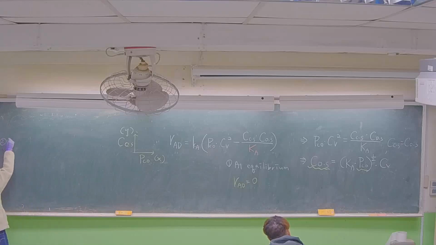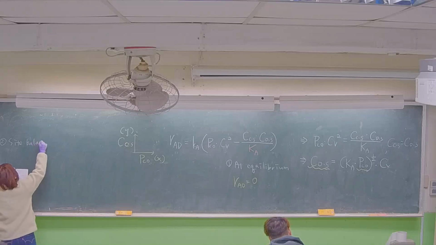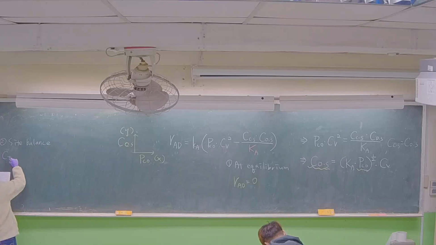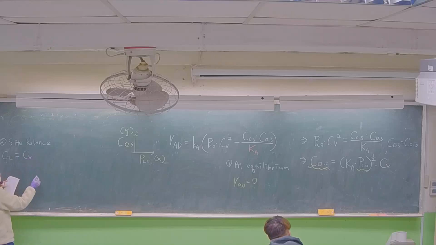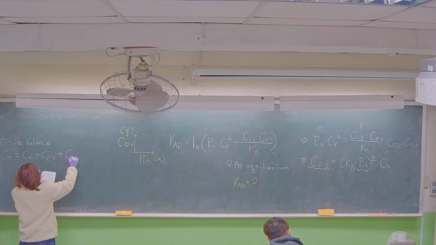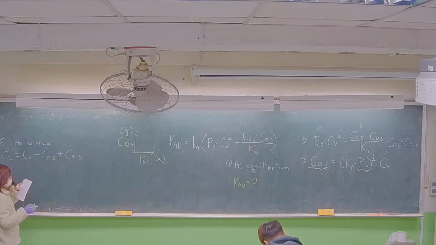So second one, please use site balance. The same, right? The same as the previous one. So site balance. Site balance is our total C_T, total concentration, equals vacant site concentration, and C_CS and C_OS.